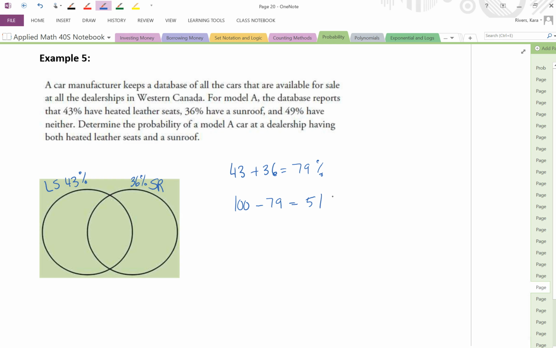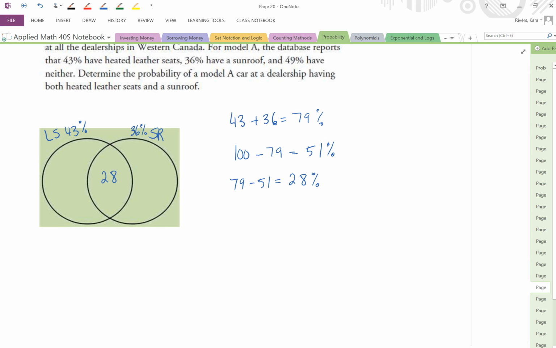So if I take that 79 minus 51, I'll get that overlap of 28% difference. So 28% of the cars will have both leather seats and a sunroof.